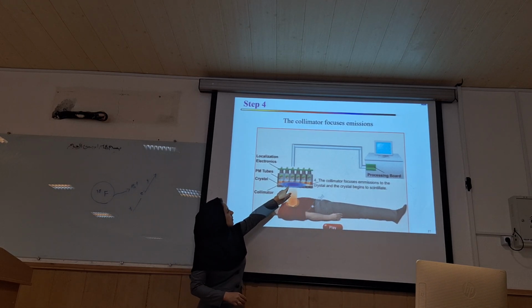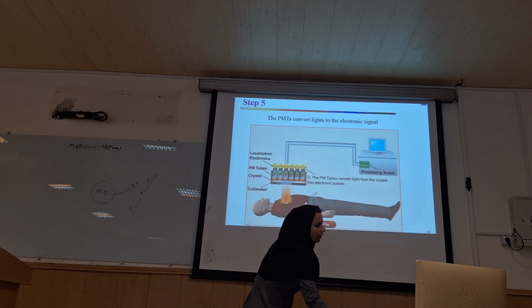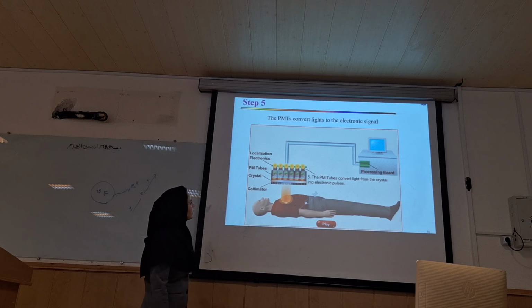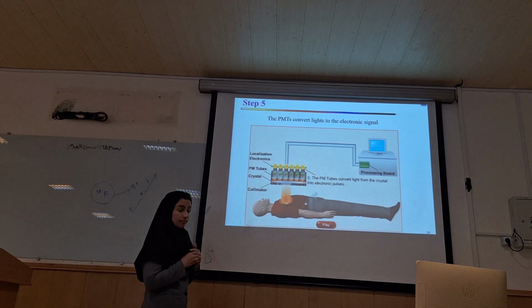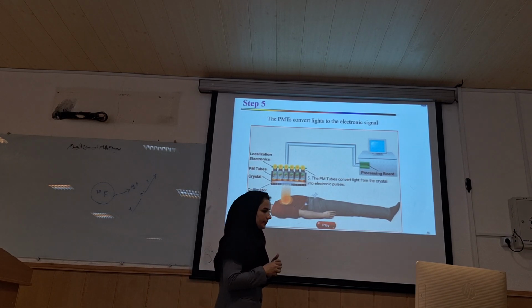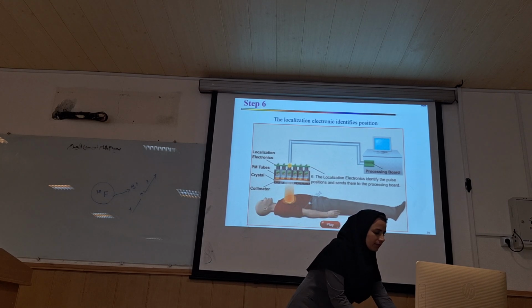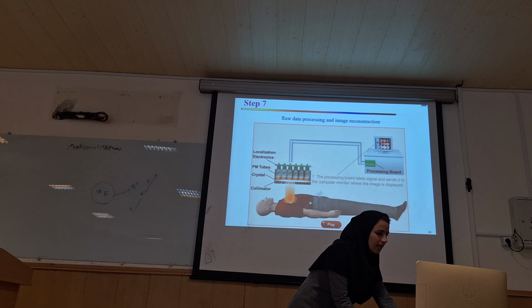This time, this is my crystal, highlighted. And after that, this is the PM tube, which converts the light photon to the electrical signal. After the process, we can image the heart.